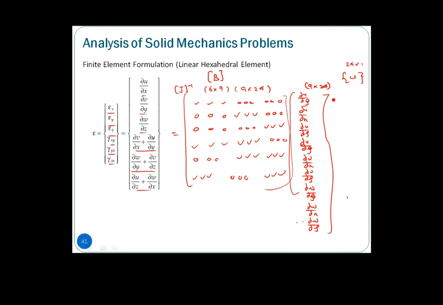So here each of them we can write as 1 times 24. It's basically non-zero, 0, 0 for node 1, non-zero, 0, 0 for node 2, until node 8. So 8 nodes itself, total of 24. Same with here.